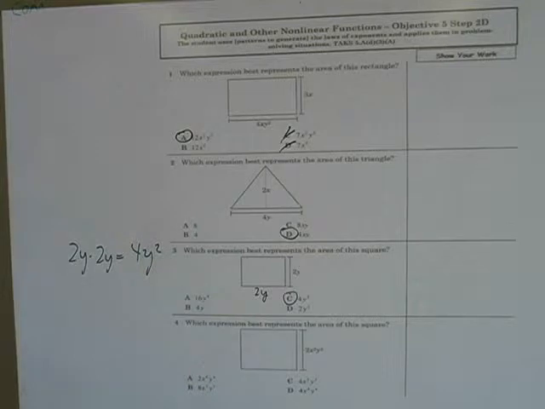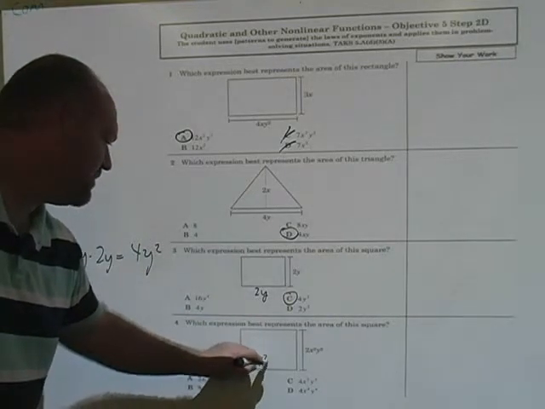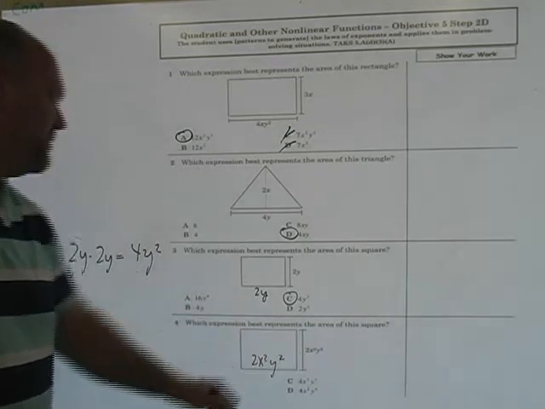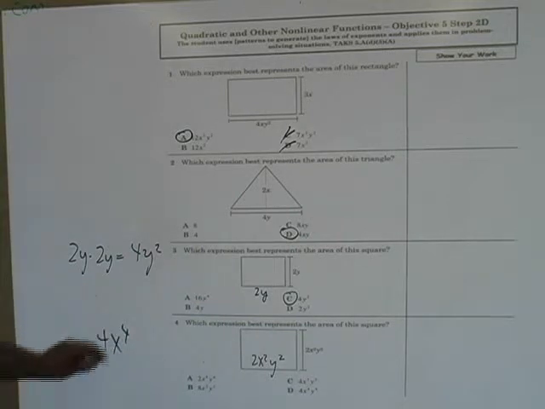Number 4, same thing. It's another square. So the length is going to be the same as the width. Multiply these together, and you get 4x to the 4th power, y to the 4th power.